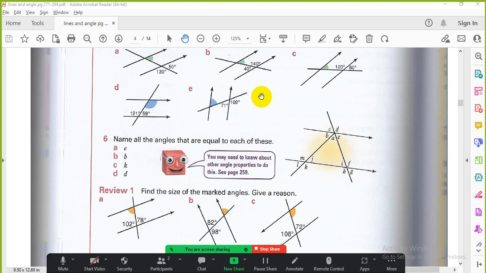A. Sir, A. K and A and M. A and M. Okay, actually when you take the Z shape, K, yeah, M we can take.